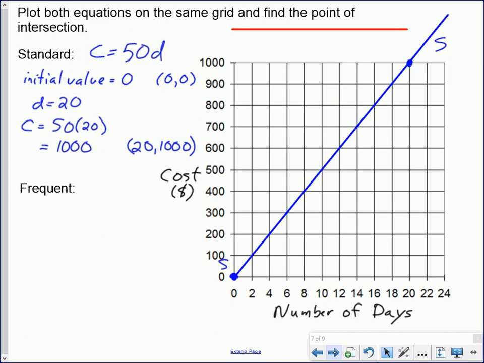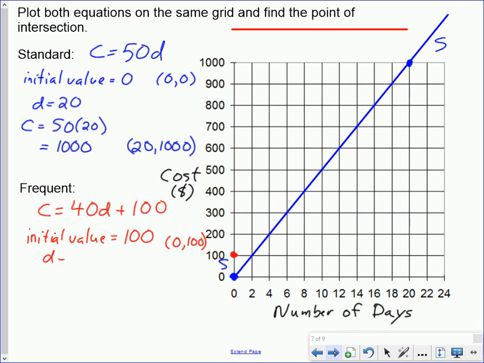Our frequent skier plan here had an equation C equals 40 for each day plus 100. We know that the initial value is 100. So that gives us the point 0, 100, which is going to be right there. And we can do the same thing that we did before.